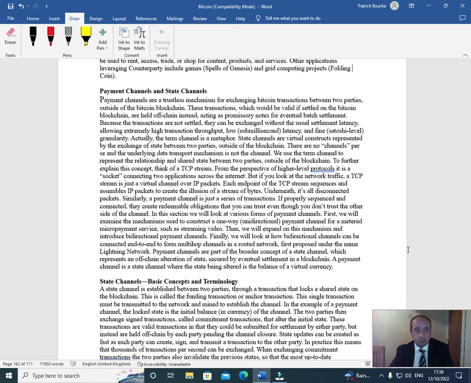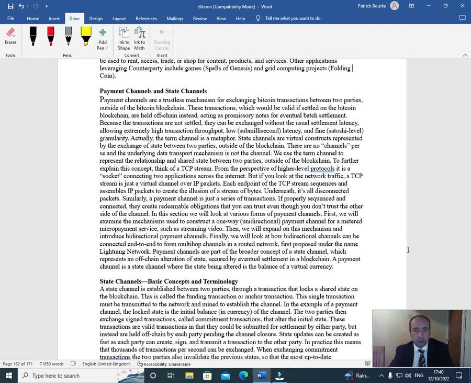Because the transactions are not settled, they can be exchanged without the usual settlement latency, allowing extremely high transaction throughput, low sub-millisecond latency and fine Satoshi-level granularity.